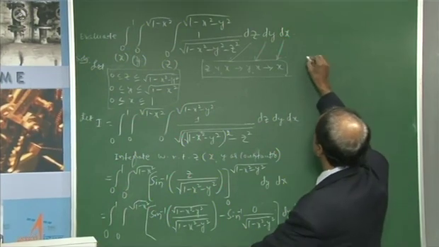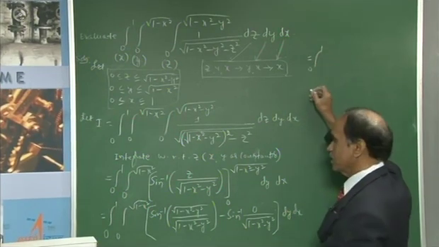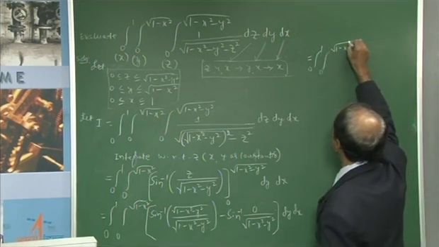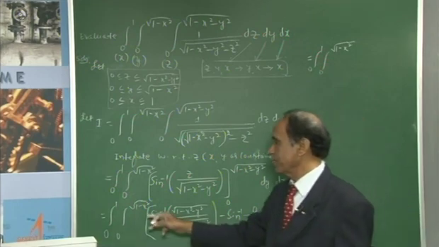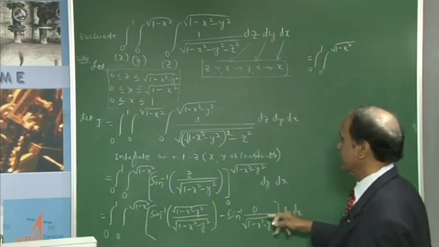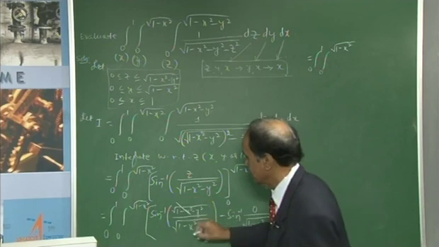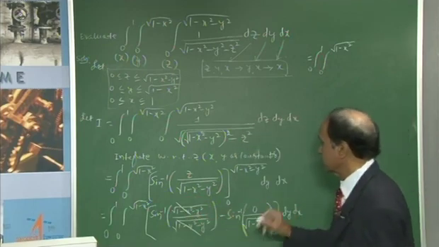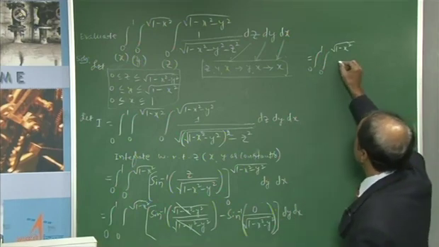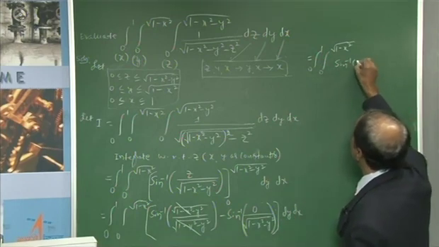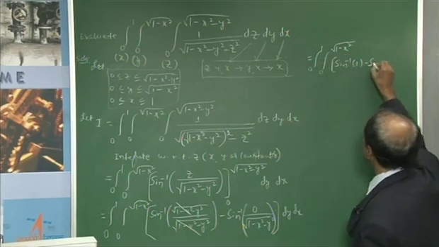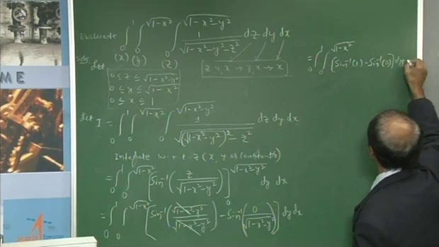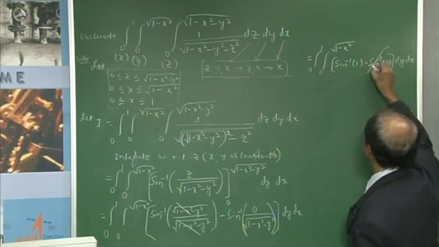Then you write 0 to 1 and 0 to root of 1 minus x square. Then this you can cancel, and we have sine inverse of 1 minus sine inverse of 0, dy and then dx.